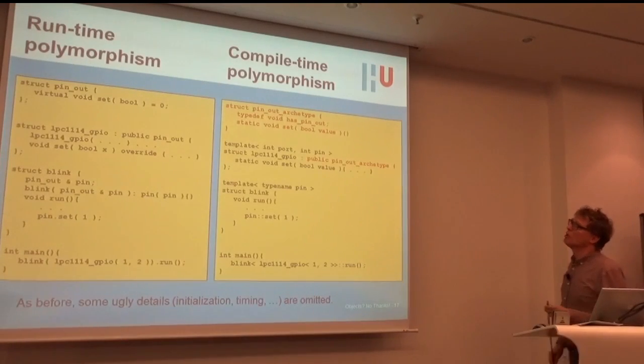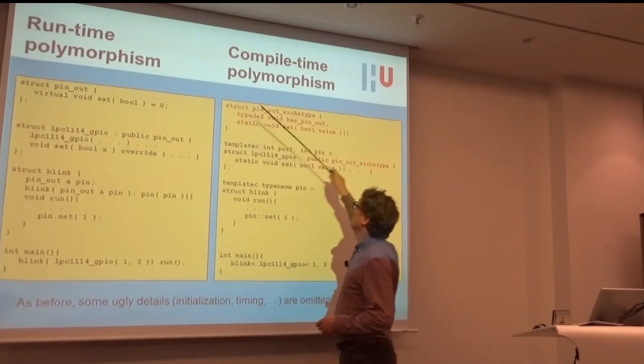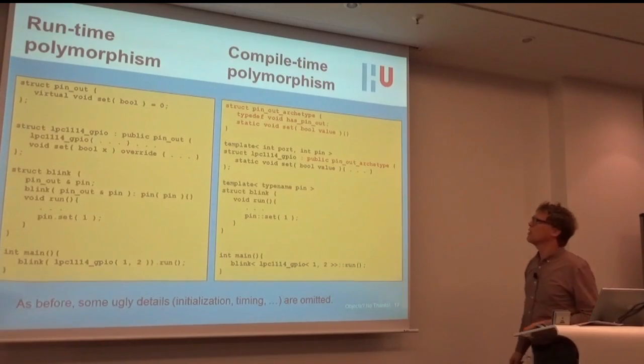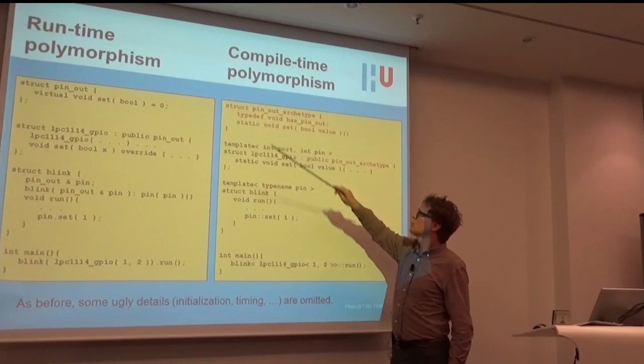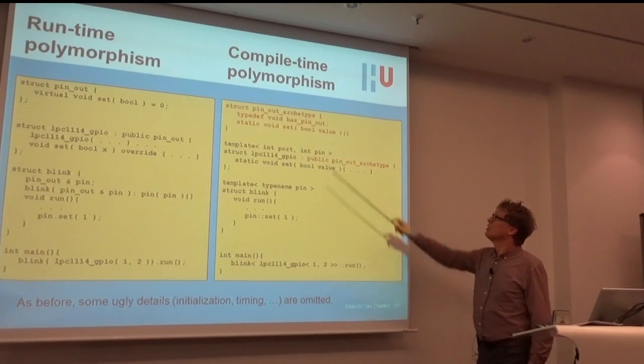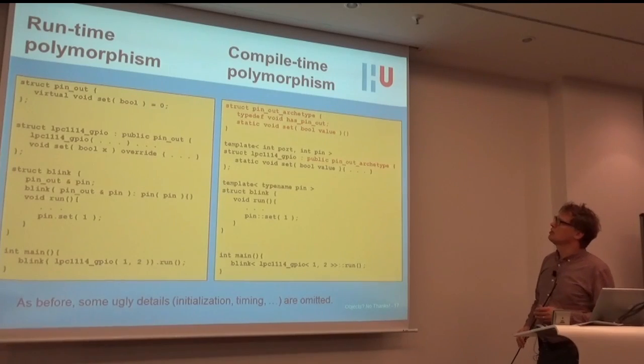What's the principle? Instead of an interface class, I have a sort of prototype class. It's not really important what is here. It's just a reminder for me. This is important, this is a tag later for the template instantiation.